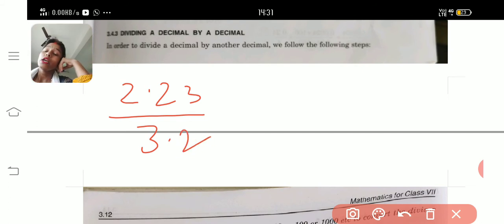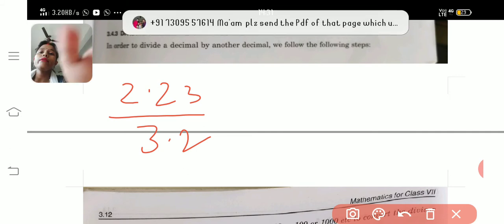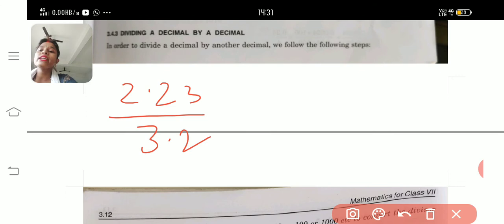For example, 2.23 upon 3.2 is given. Now here you can see that there is a decimal in the numerator as well as in the denominator. First, we will try to remove the decimal from the denominator. How can we remove it?